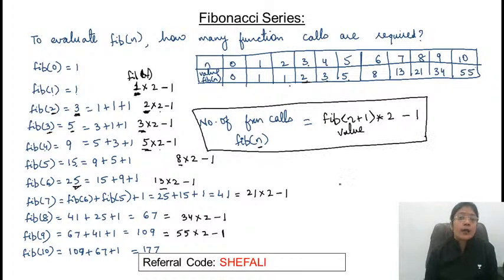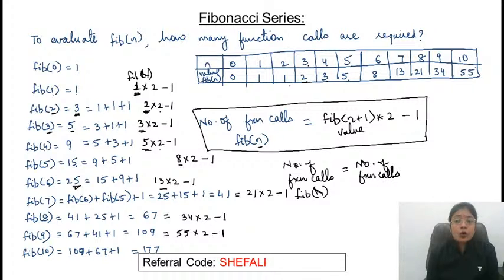अगर function calls की form में calculate करना है, then it's simple. Number of function calls for Fibonacci n is equal to number of function calls for Fibonacci n minus 1 plus number of function calls for Fibonacci n minus 2 plus 1.